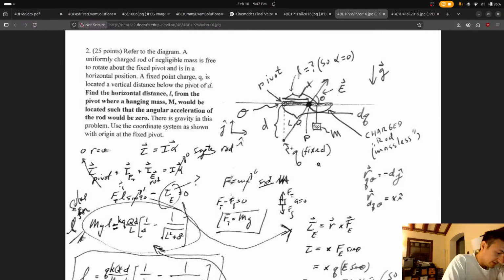Okay, now dF is equal to E dq. E is going to be equal to kq over R squared, where R is equal to the square root of d squared plus x squared. This would be R hat.